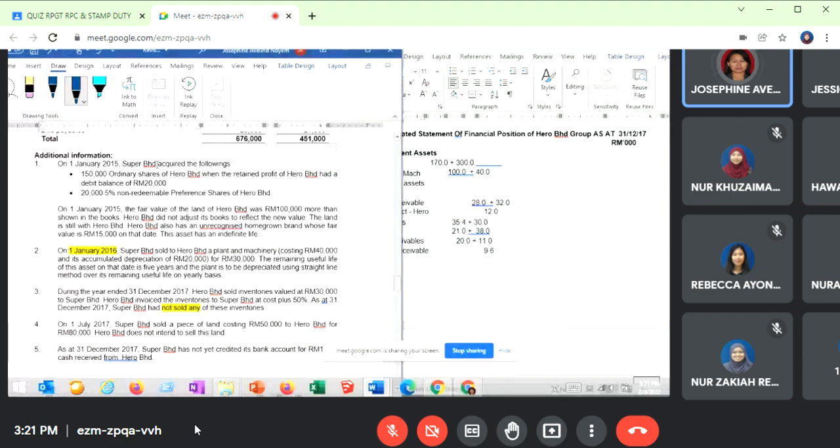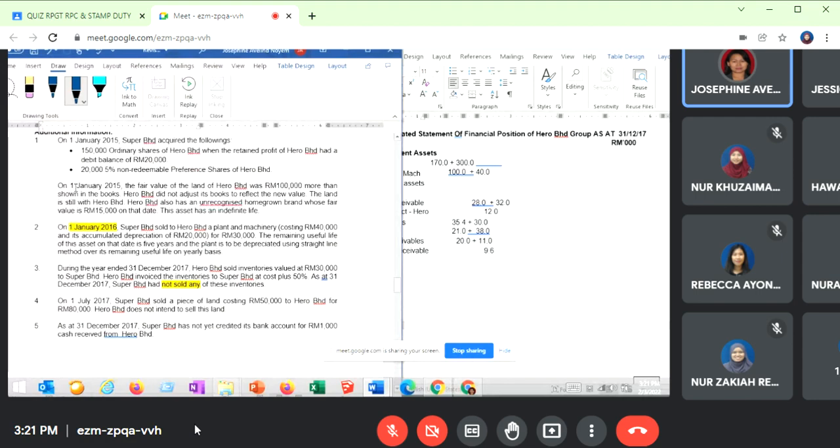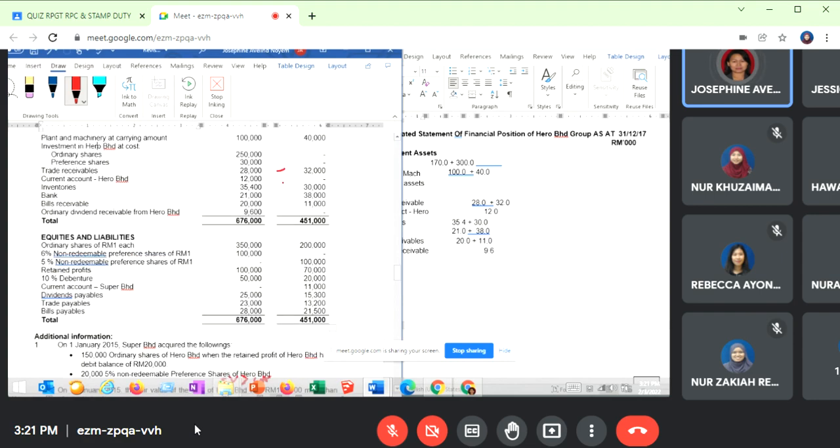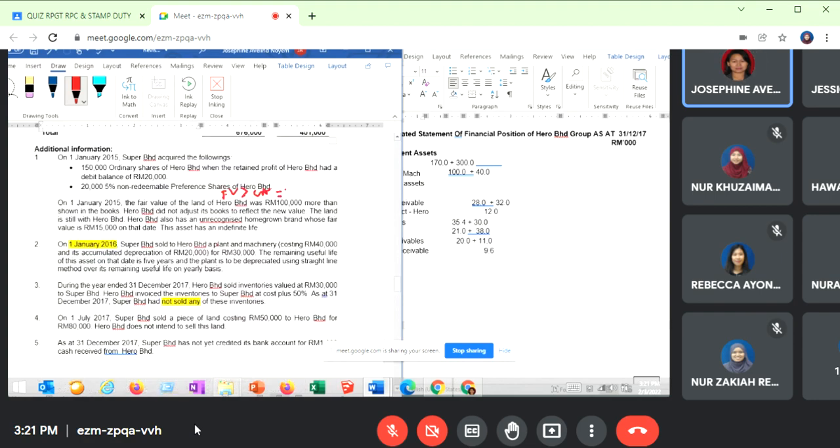Okay, so 1st July Super acquired this. Okay, look at number 1 here. On 1st of January 15, the fair value of the land of Hero is 100,000 more than what is shown in the books. So what does that mean? That means fair value is more than the carrying amount, and that gives rise to a surplus.